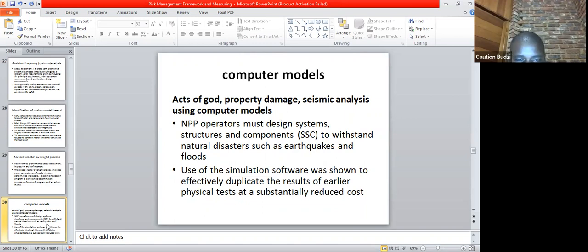There's a use of simulation software that has been shown to effectively duplicate the results of earlier physical tests at a substantially reduced cost.